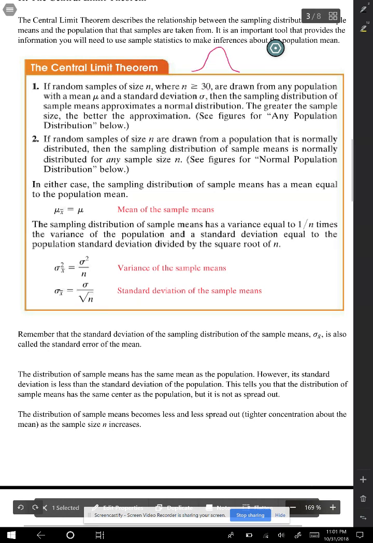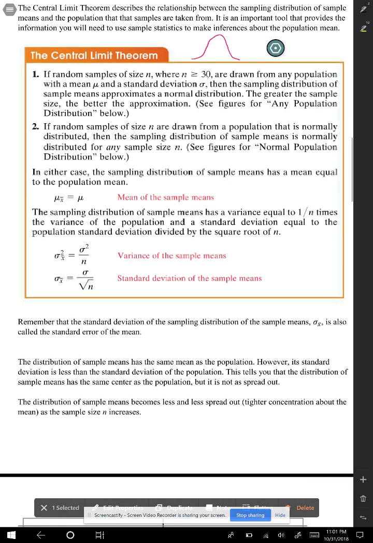The greater the sample size you pull, the better your approximation will be. On part 2, it says, if the random samples of size n are drawn from a population that's normally distributed, then the sampling distribution of sample means will be normally distributed for any sample of size n. So if you have a normally distributed population, then it doesn't matter what sample size you have, the sampling distribution will be normally distributed.